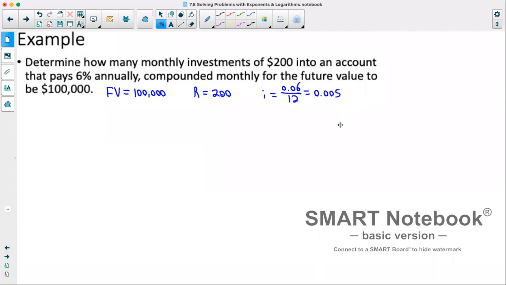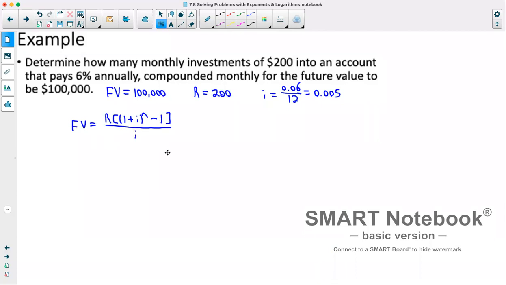So now we'll write out our formula and fill in what information we have so far. We've got future value is equal to our regular payments times 1 plus our interest rate per compounding period, to the exponent of how many times we put in our regular payment, our $200, minus 1, over our interest rate.